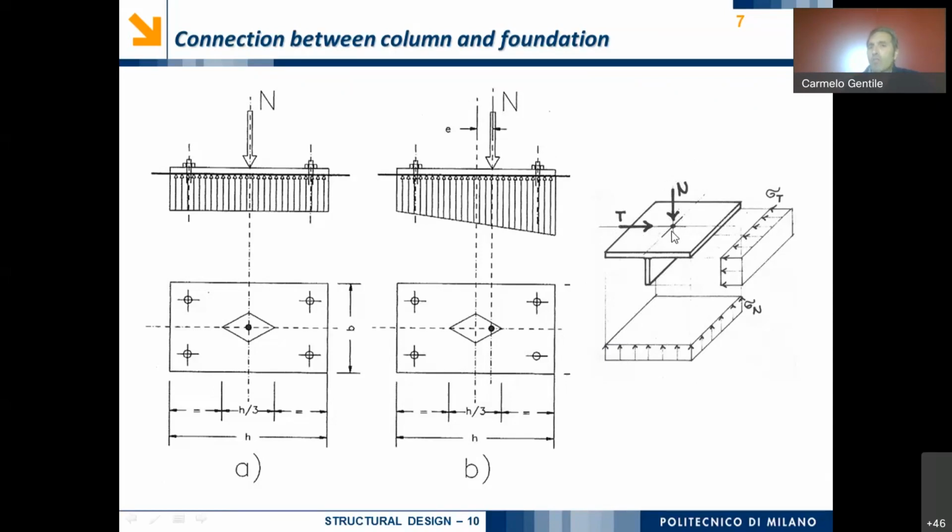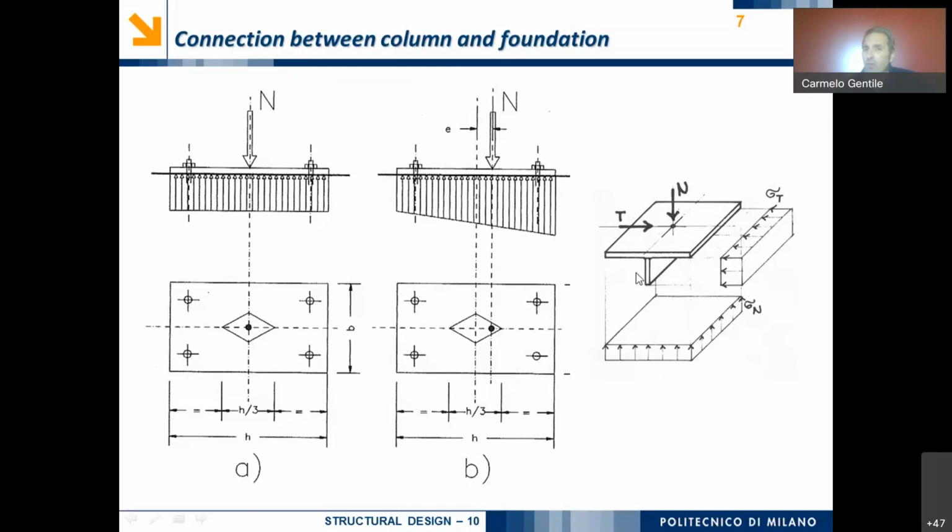In order to transfer the shear force, we have basically two possibilities. First of all, we can use the bolts. So for example, if we have 4 bolts connecting the plate with the foundation block, this shear force divides in 4 equal parts, one for each of the 4 corner long bolts.